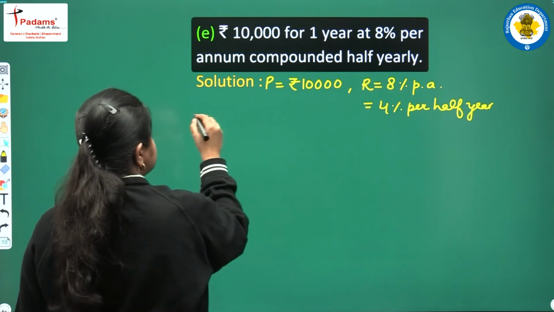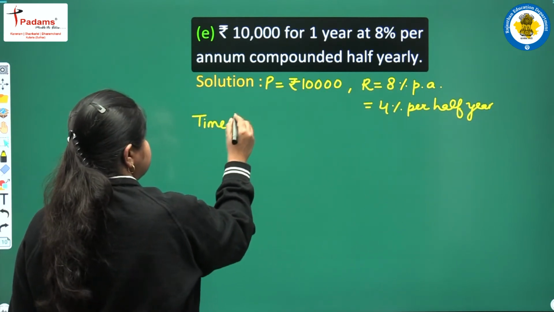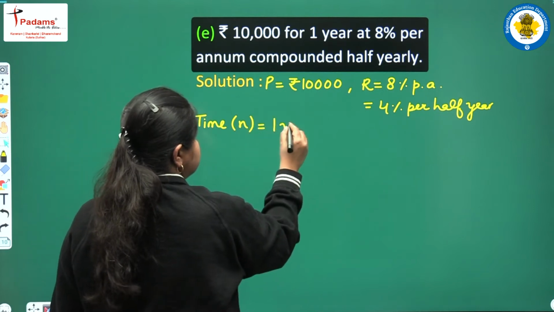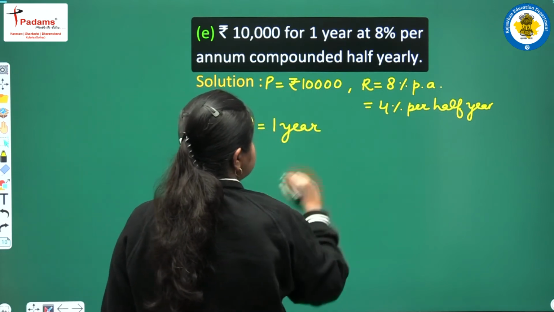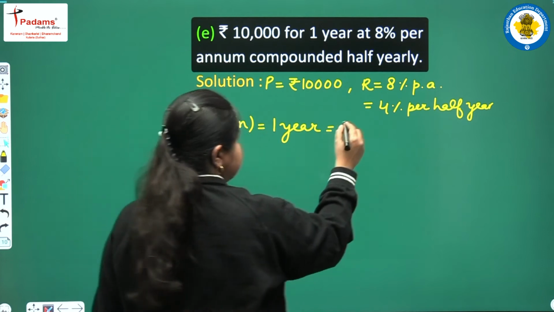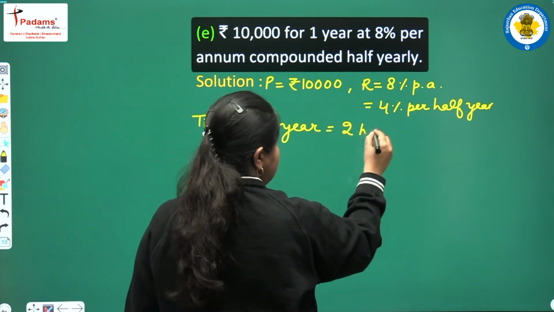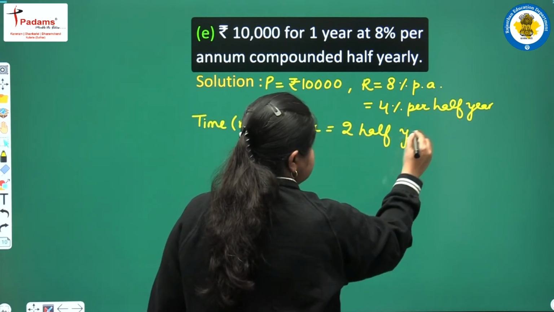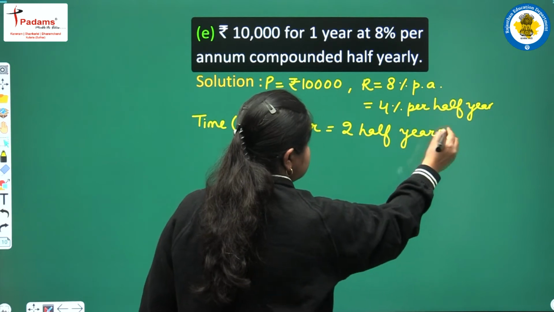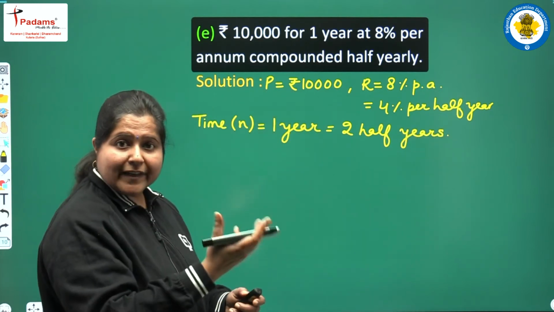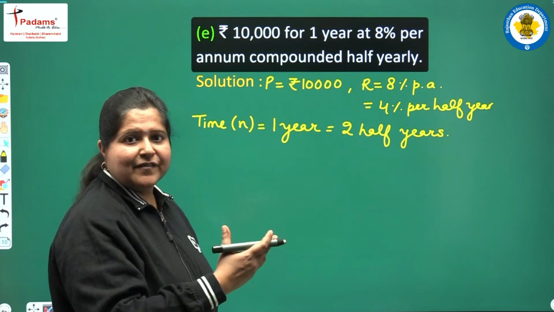And then the time, it is 1 year. And in case of half yearly computation, we will double it. It will be 2 half years. In one year we get 2 half years at 6 months difference.